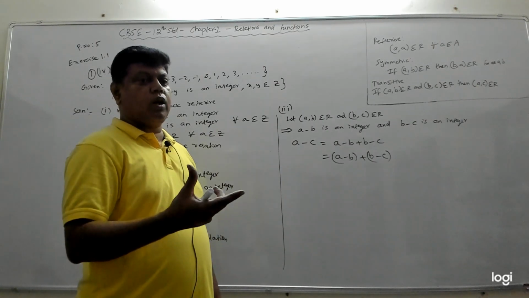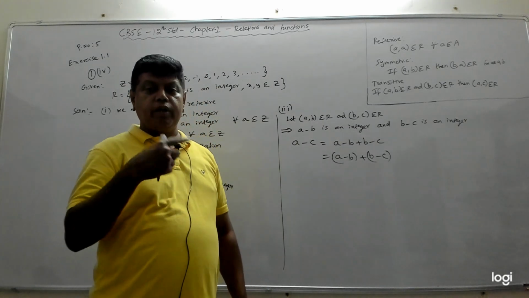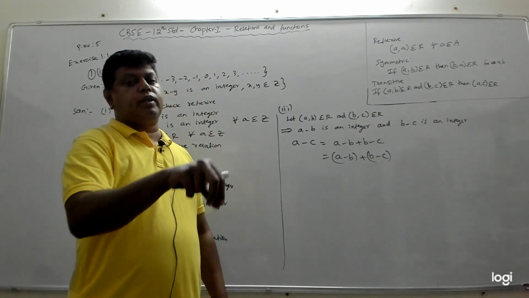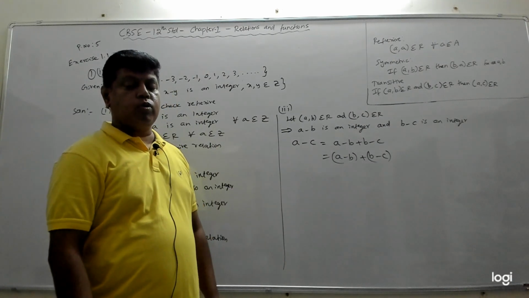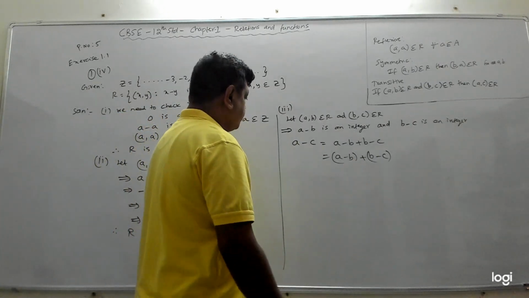What is the meaning of closure law? When I add two integers, the result is also an integer. If the result is also an integer, then we say that integers are closed with respect to addition. That is called the closure law or closure property.